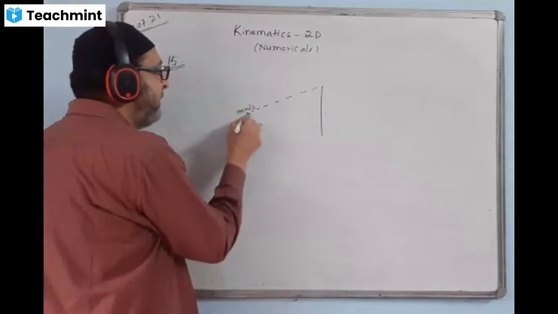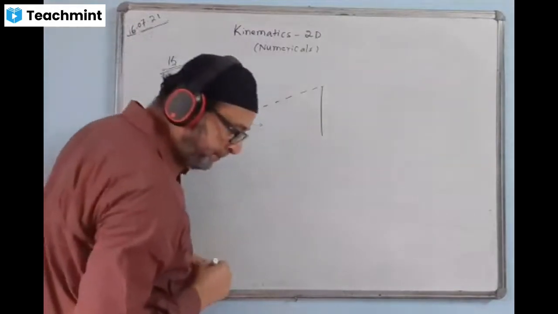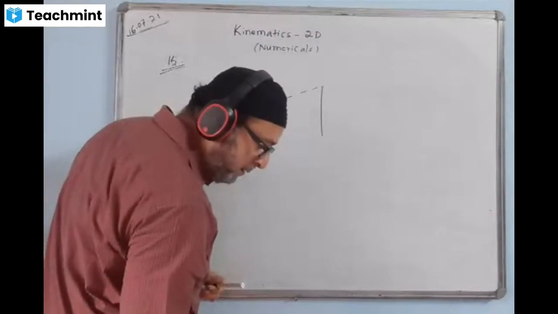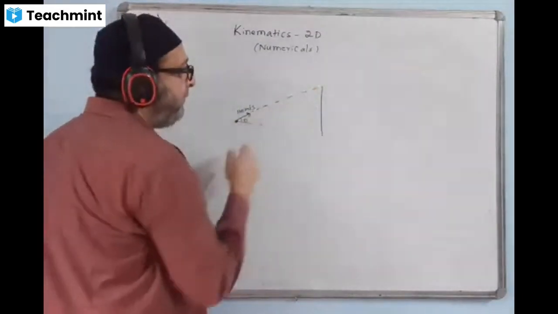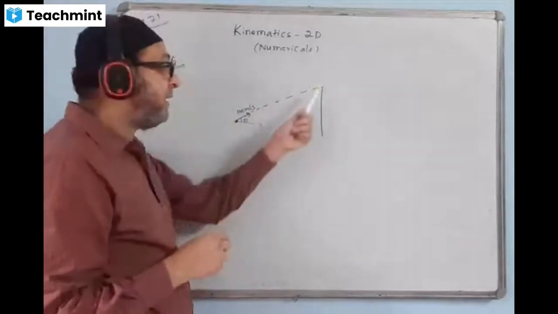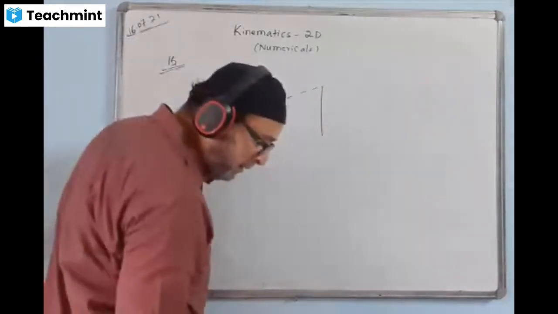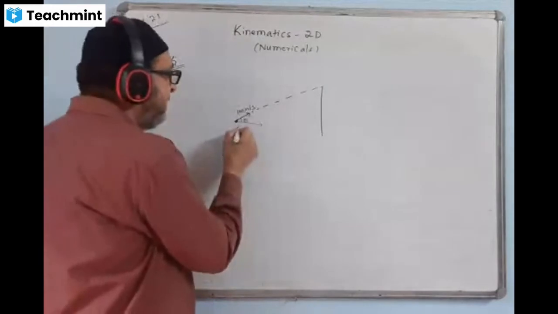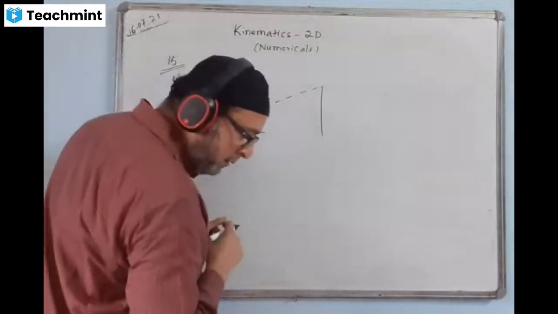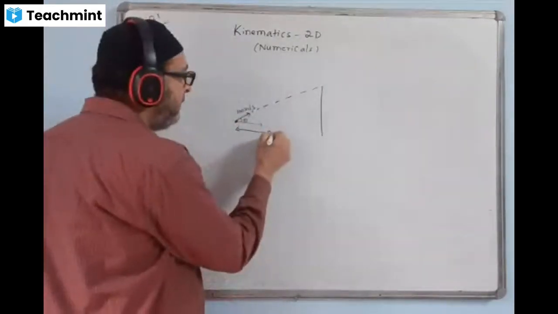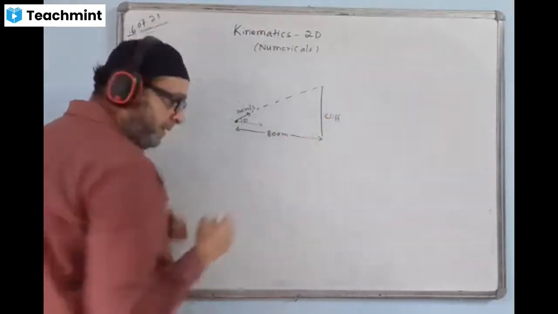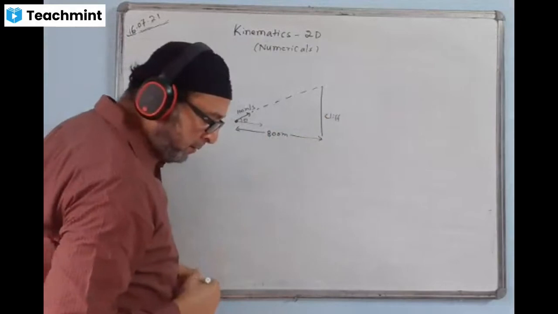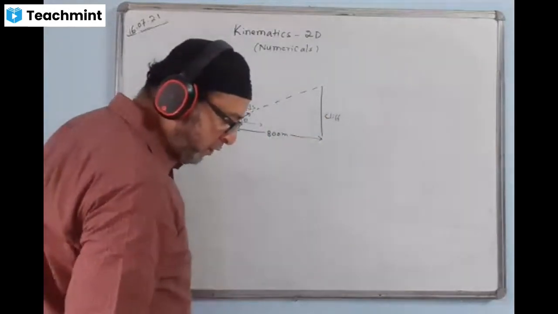The angle is not given; you have to find the angle theta. It hits the top of the cliff in 10 seconds. The horizontal distance to the cliff is 800 meters. Find the angle of elevation of the shot.